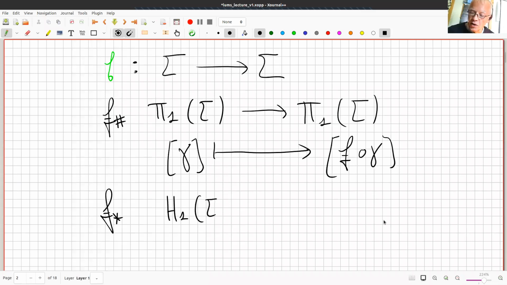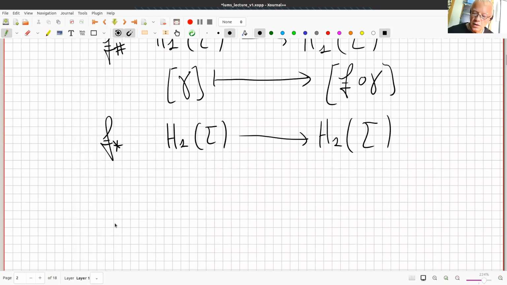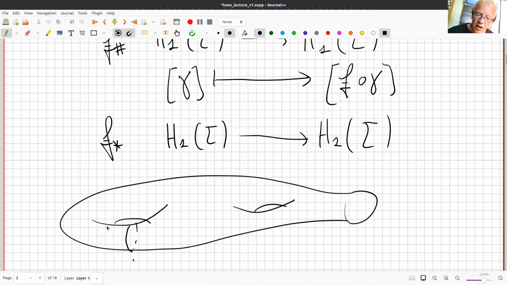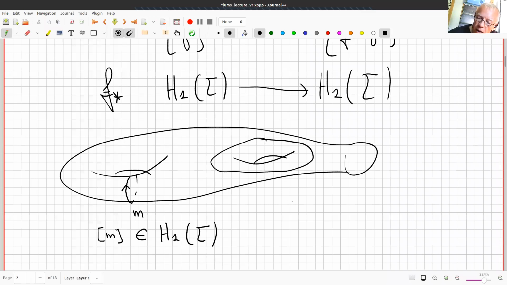And it's something very easy. If you have in your surface, you start with, for example, this curve here, denoted by M. I like it to be oriented. So this means that it represents an element, one cycle in H1 of sigma. And then if you act by F, you have, for example, here F of M, which is another homology class.